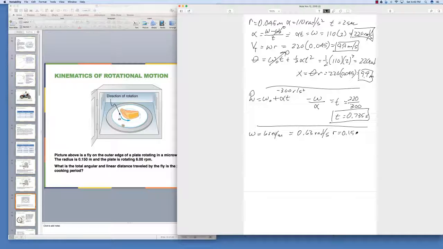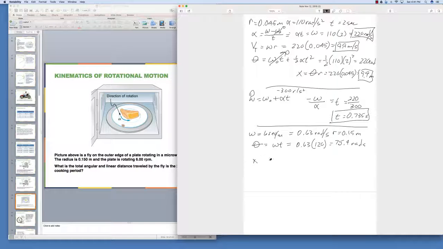R is 0.15 meters. And so, first of all, to calculate the angular displacement, it is going to equal the angular velocity times the time, which is 0.63 times 120 seconds, which is 75.4 radians.